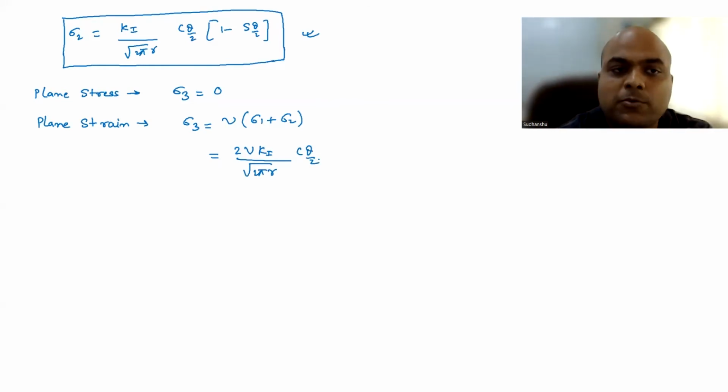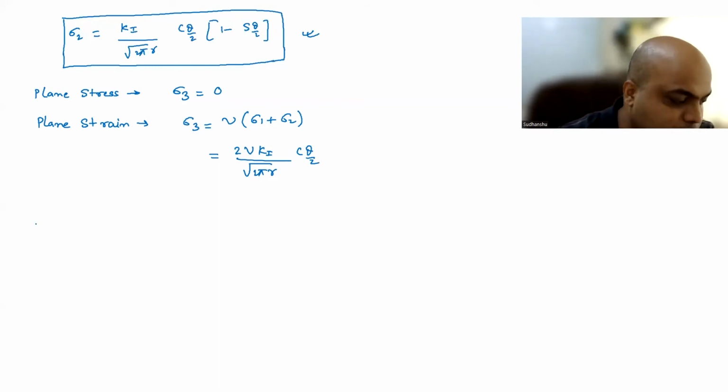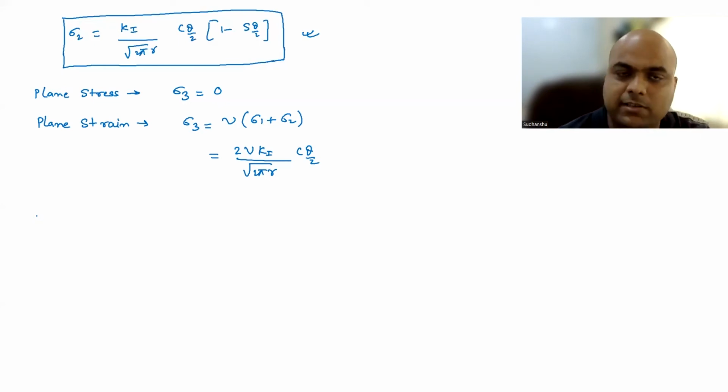So you know now what is sigma 1, sigma 2 and sigma 3 with respect to theta and r. So at all points in front of the crack, you know what are the principal stresses. Now let's use these values, principal stresses values, and then use Tresca and von Mises criteria. Okay. So let's first talk about the plane stress condition because the calculation becomes simple.